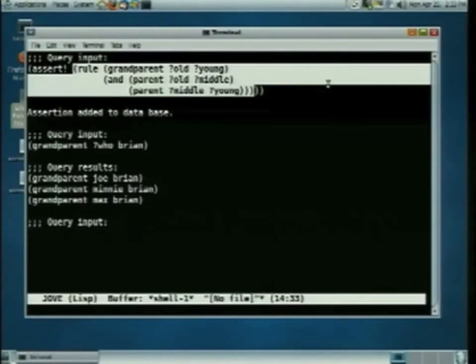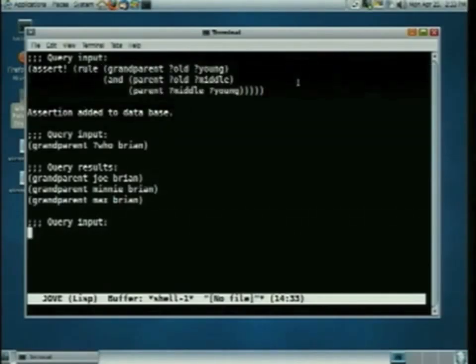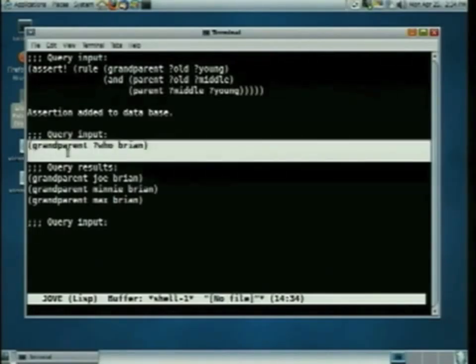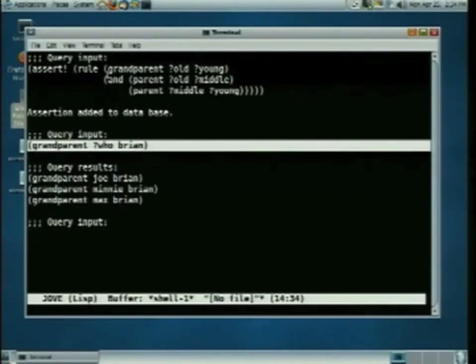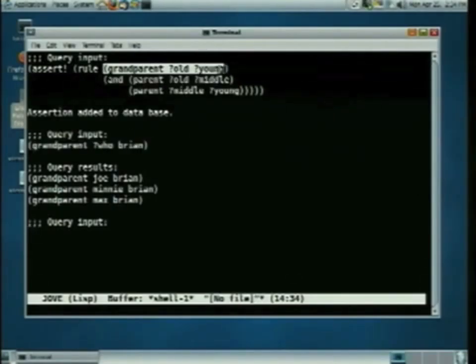But it can't look for a rule that in its entirety matches a query, because this rule is too complicated for that. It looks for a rule whose conclusion matches the query. So my query was grandparent question mark who Brian, and this rule says grandparent question mark old question mark young.